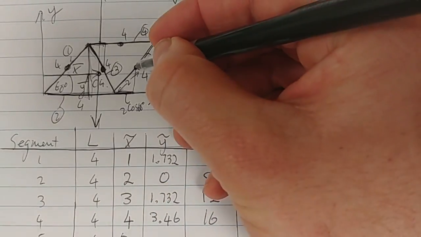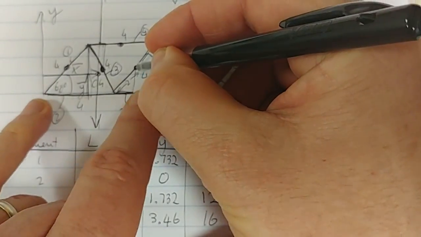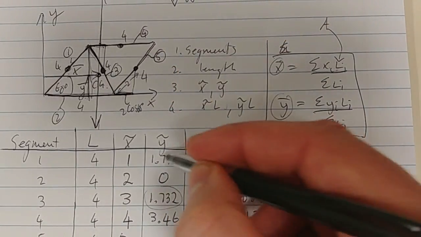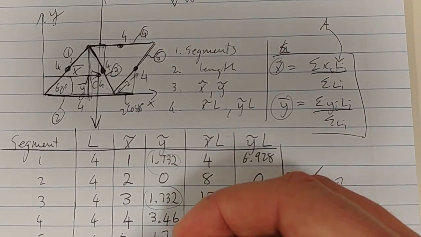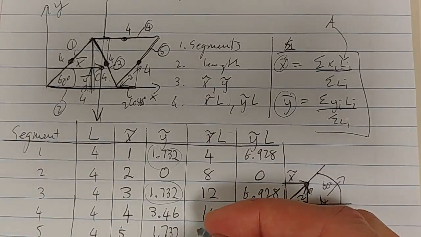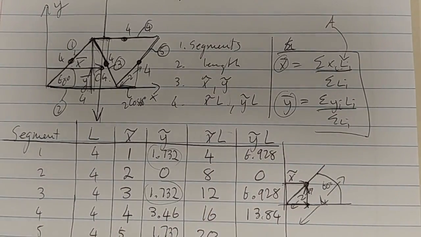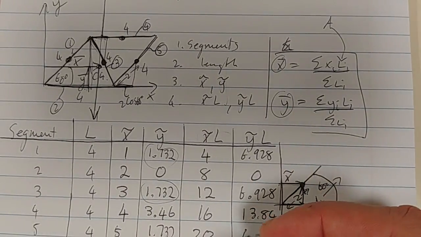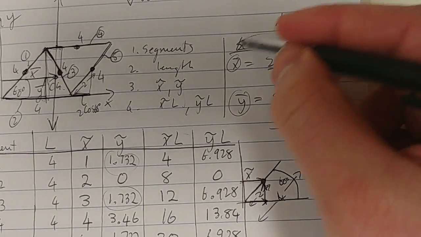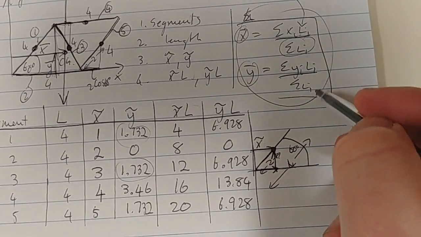So the x location of that centroid is 5. The y location will be the same as this, 1.732. If we multiply, that becomes 20, and again 6.928.